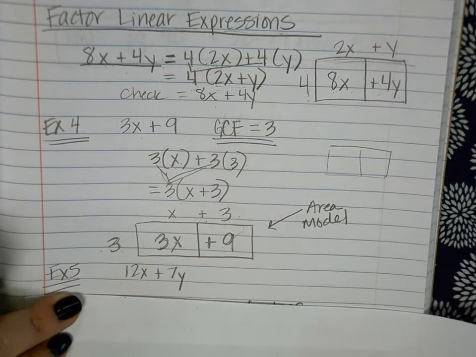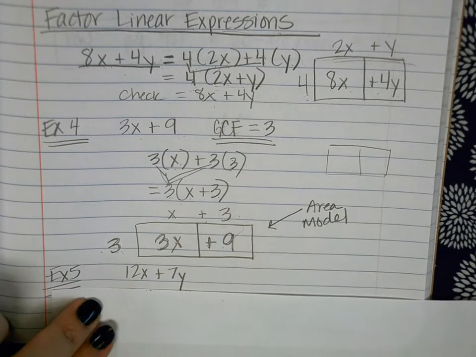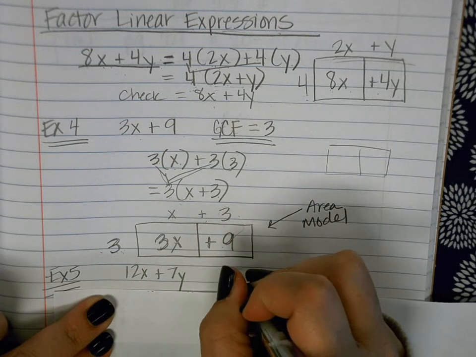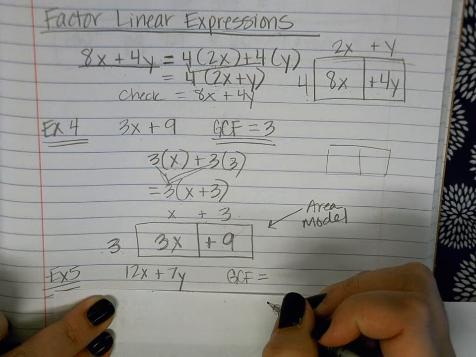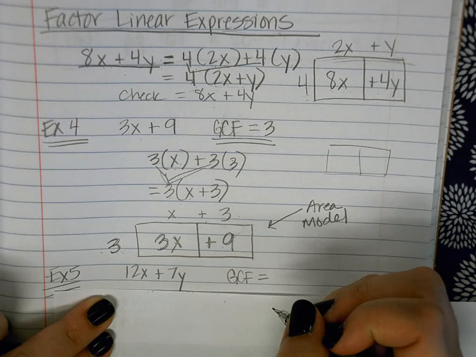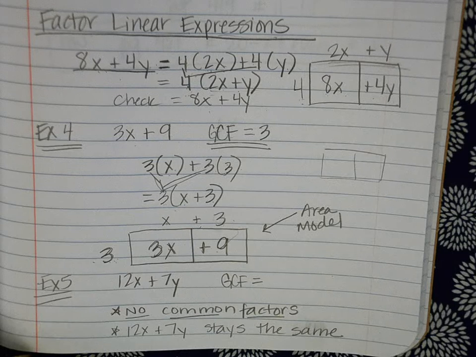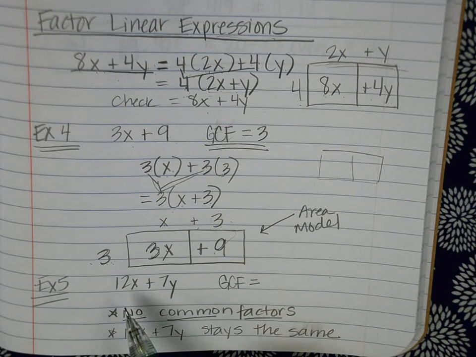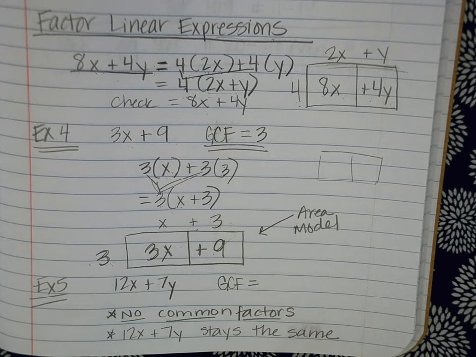Let's look at another one. How about this one, 12x plus 7y? What's the GCF? Who says none? You're right. No common factors. Can't take anything out of that one, can you? There's no common factor of 12 and 7. We know that. And there's no common factor of x and y. They're totally different. It's like apples and oranges.